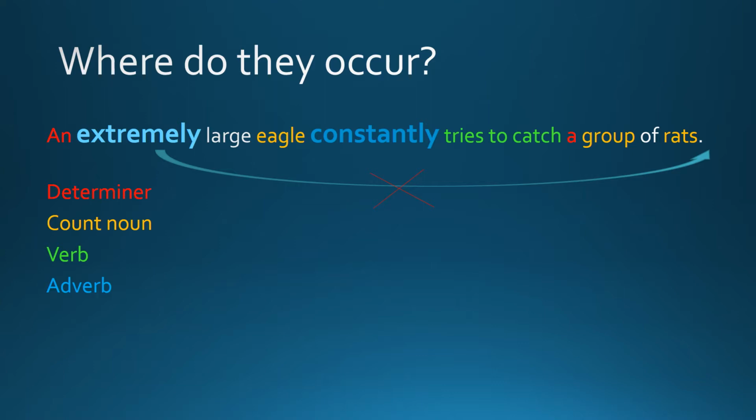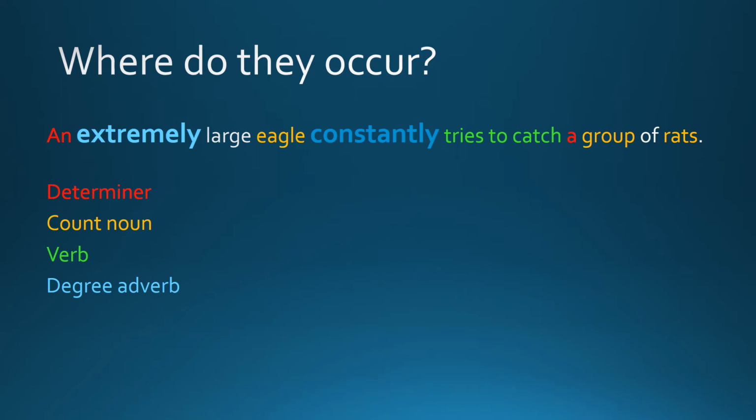Because in this sentence, what we have is an extremely large eagle, so that's an eagle which is extremely large. And so extremely goes with large and actually tells you that the eagle is not just large; it's large to a very high degree, and that means that extremely here is a degree adverb.